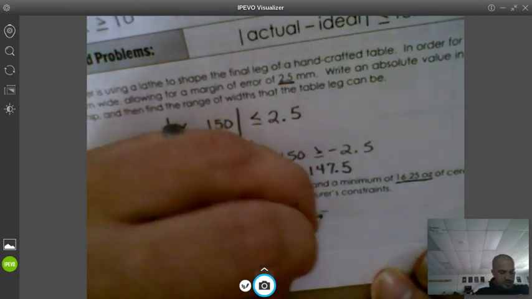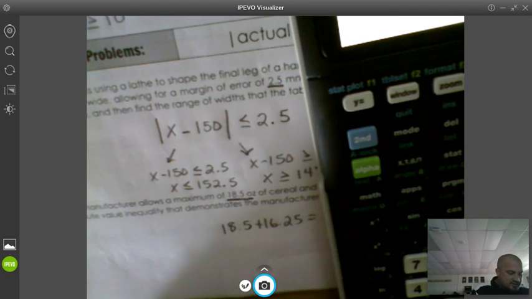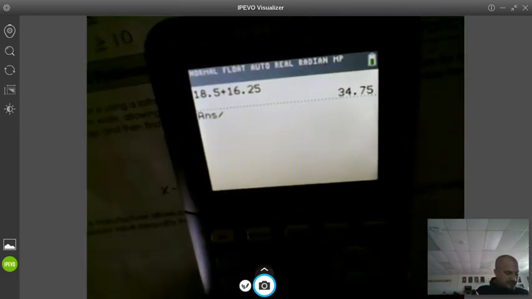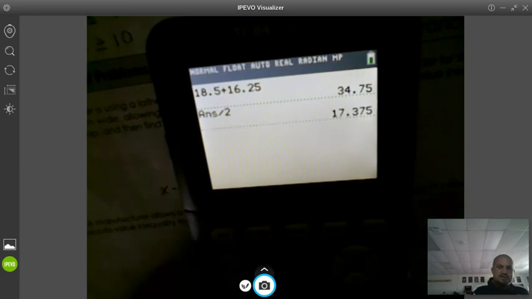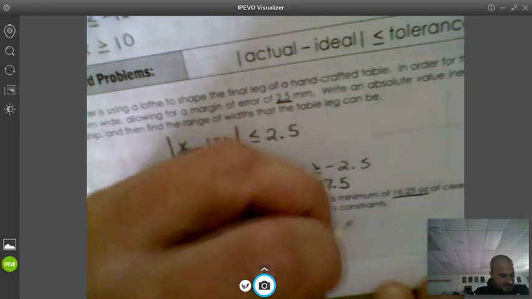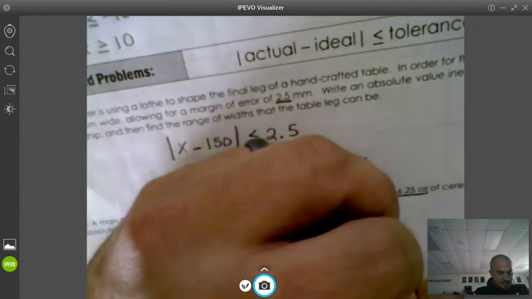If we add those together, let's use our calculator, we get 34.75. And then if we want to find the middle of that, we divide by 2. 17.375 is actually our middle, kind of our midpoint.